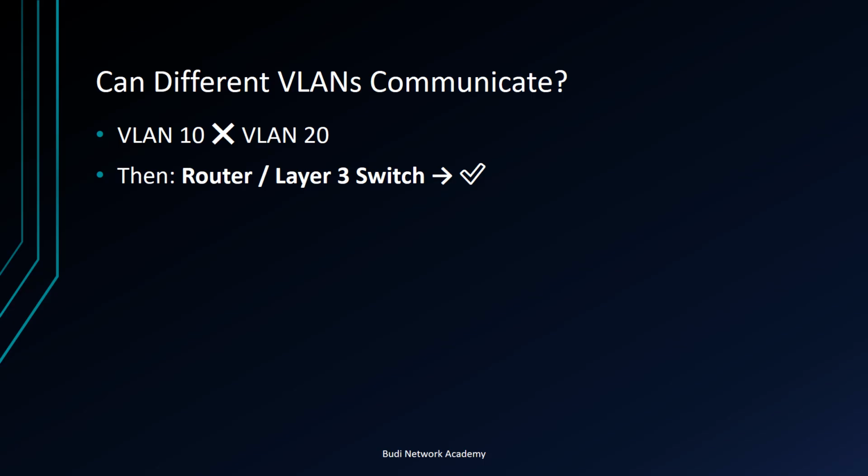This can be provided by a router or a layer 3 switch. This process is called inter-VLAN routing. And this is going to be an important topic in one of our upcoming episodes. So remember, different VLANs require layer 3 routing to communicate with each other.